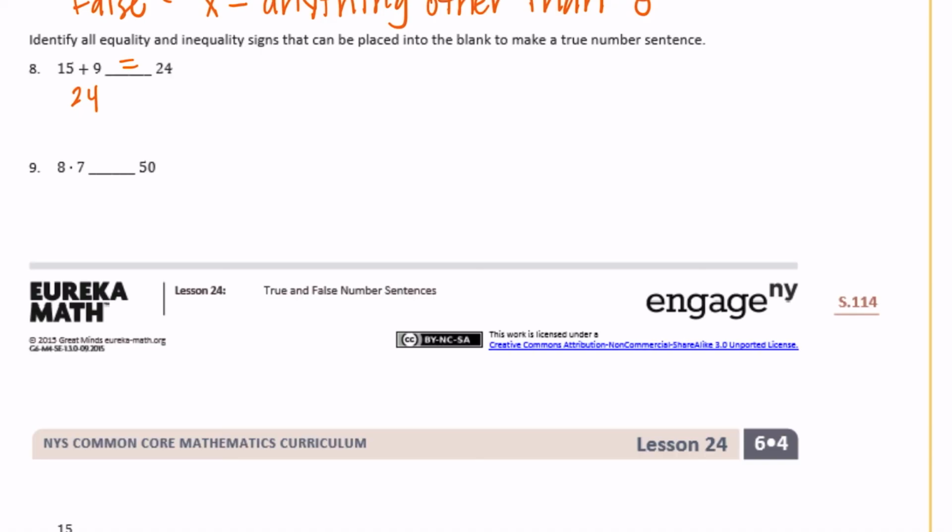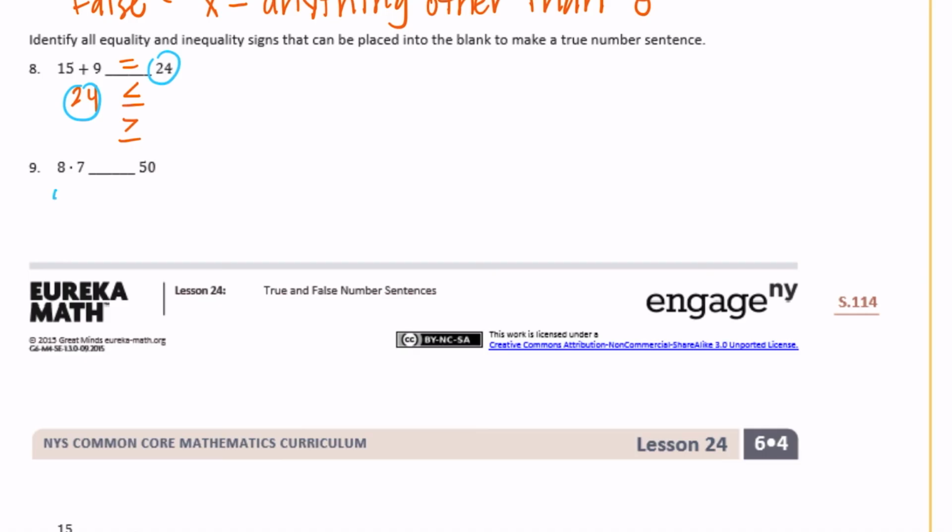We could say 15 plus 9, we could put less than or equal to because it's equal to, or we could put greater than or equal to. So all 3 of those signs work here in this situation, as long as it has that equal to sign, because they are equal.